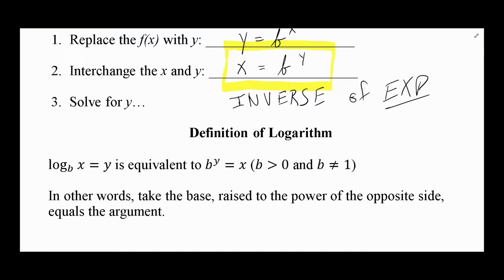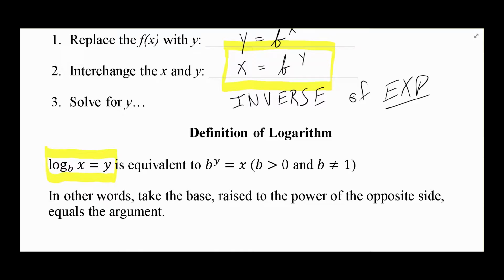We can't write it as y equals. So what we're going to do is define a function, and we define the logarithm so that it's equivalent to that. To say, yes, it means the same thing, but I can write it as a function. I can write it y equals. Now, as you're looking at this definition of logarithm over here, log base b of x is how we read that.